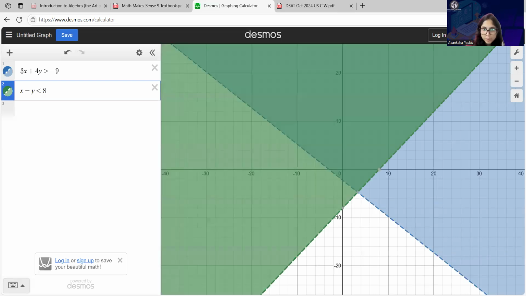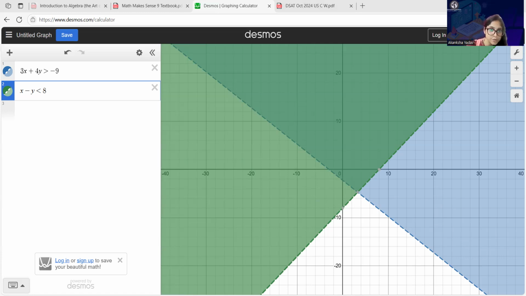So this is green, this is blue. This portion you can see over here is your shaded area. And now the multiple points will be given to you. From there, you can identify which solution works. So that is about your equations and inequalities. Any doubt in equations and inequalities?